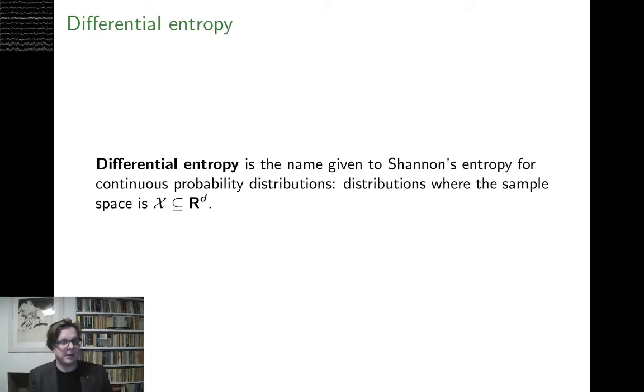In other words, the sample space will be some subset, in most cases, of R to the d, although obviously more exotic possibilities are possible, you know, complex numbers or whatever. But that doesn't introduce all that many extra complications. The main point is for a continuous probability distribution, the sample space is some subset or all of R to the d, where d is some dimension. Mostly in the examples we're looking at, and in both examples we look at, d will be 1.